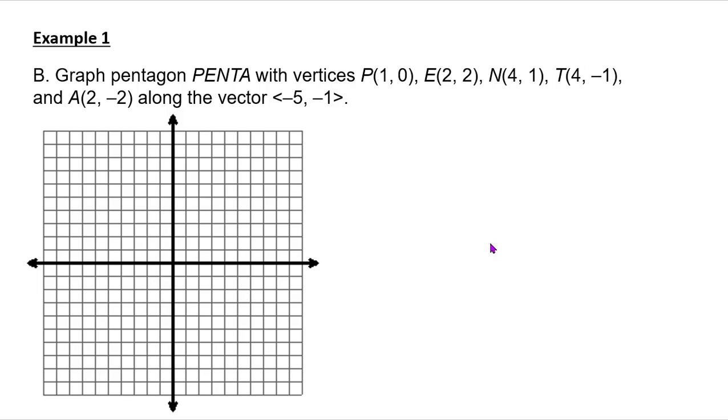Okay, we want to graph pentagon PENTA with those vertices along the vector -5, 1. So I have the point 1, 0. I have the point 2, 2.